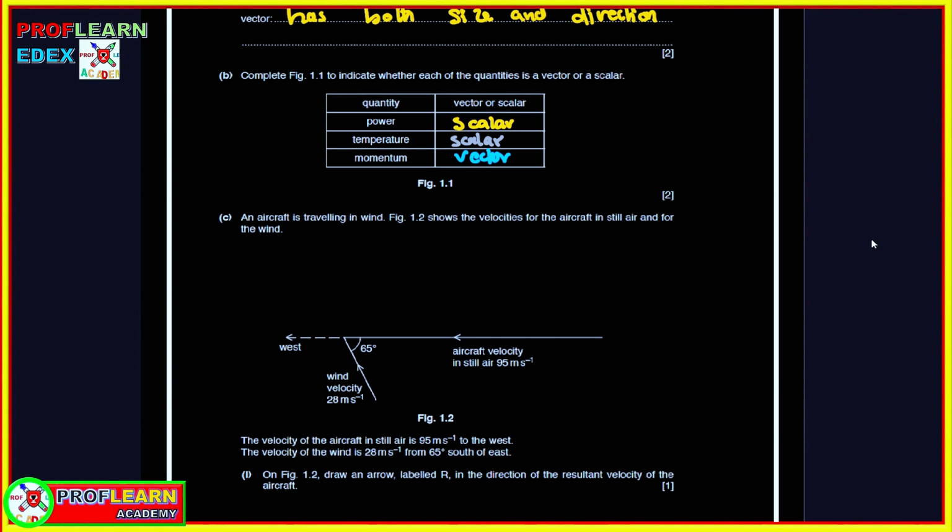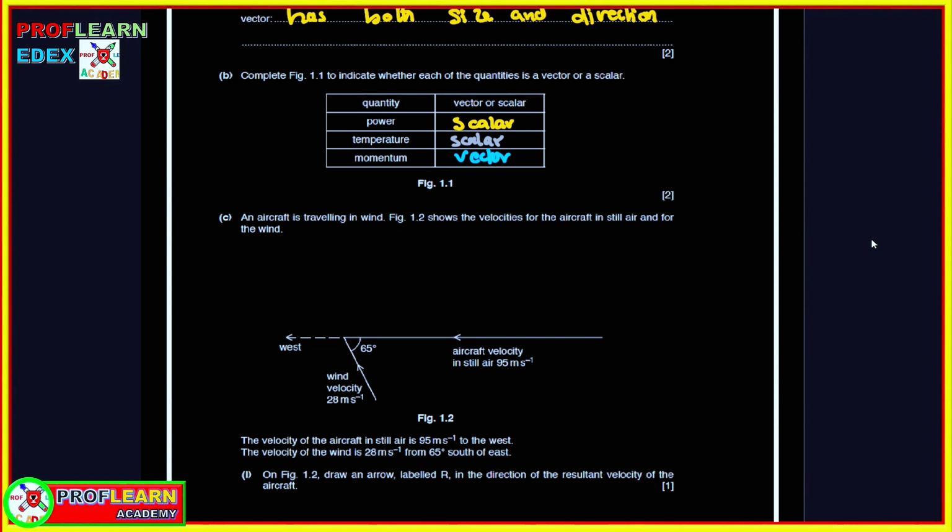The velocity of the aircraft is given as 95 to the west, and the velocity of the wind is 28 meters per second from 65 degrees south of east. Draw an arrow labeled R in the direction of the resultant of the aircraft.